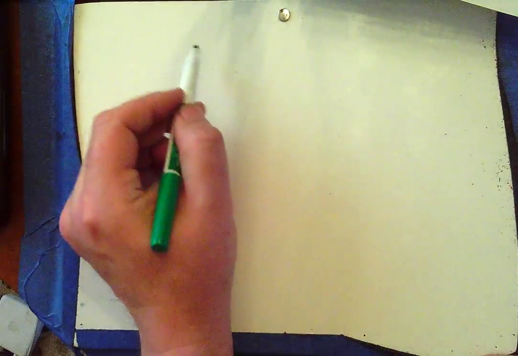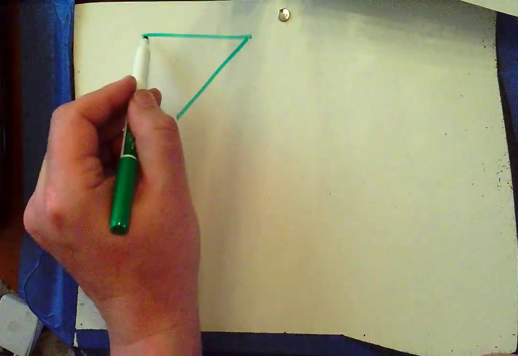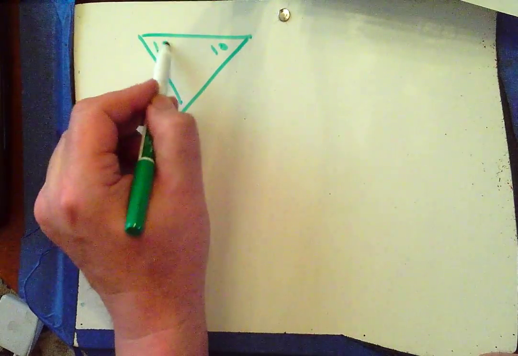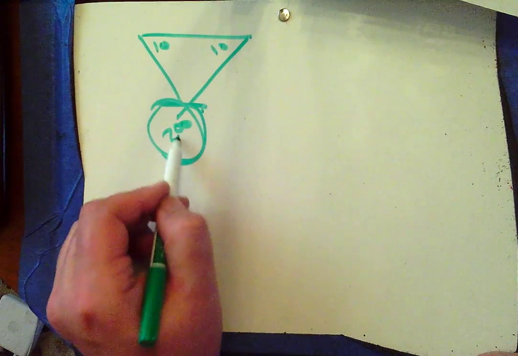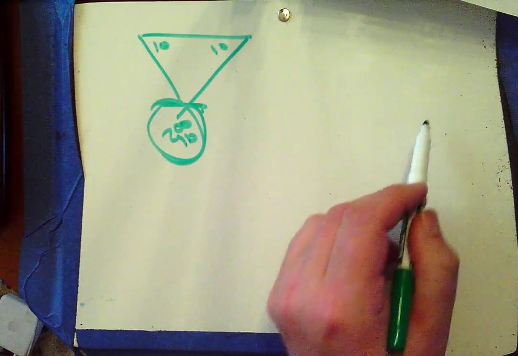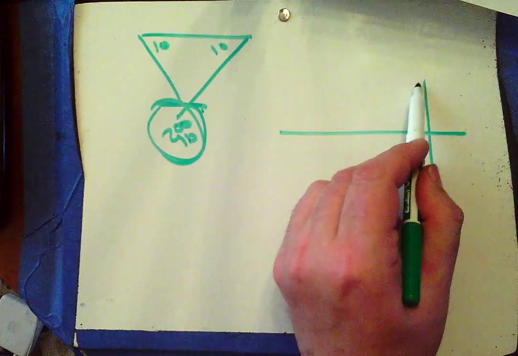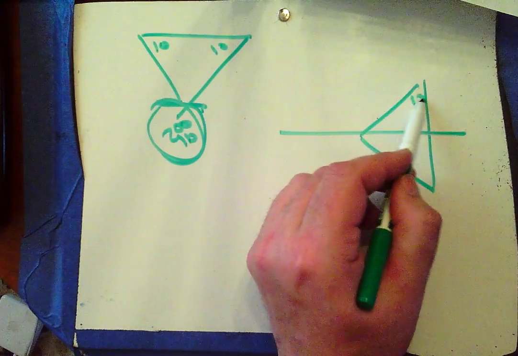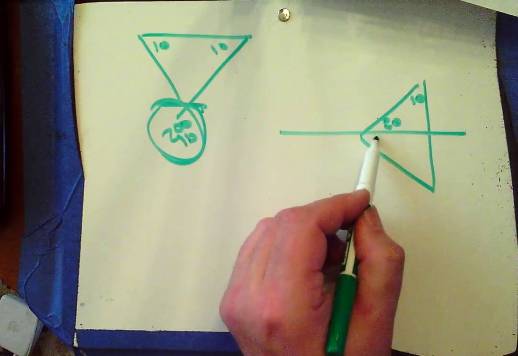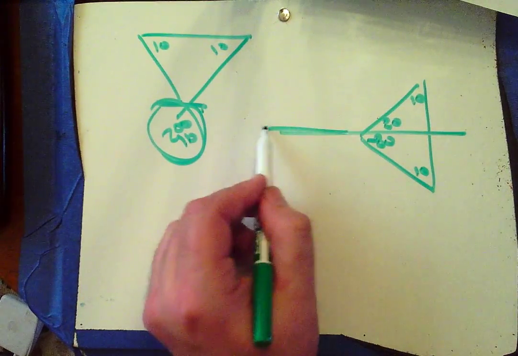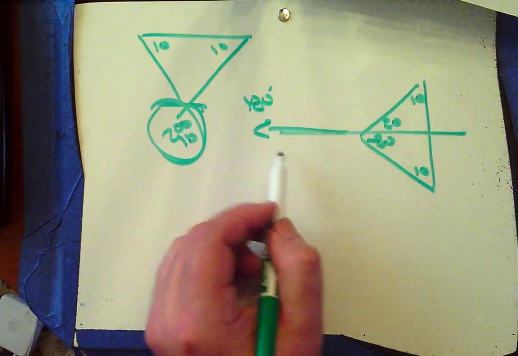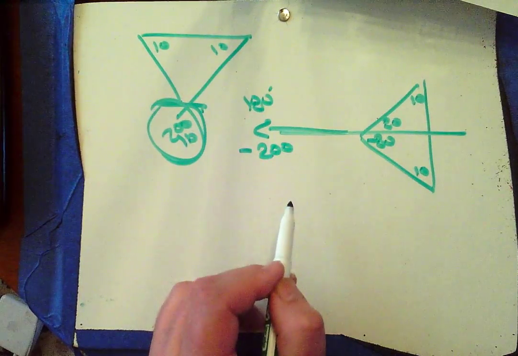What if we made those angles 10 degrees? So this is 10 and 10, and we still have a 200-pound climber here. Okay, so what's that going to look like when we redraw it? If this is 10, then this is 80 and negative 80. And this is still 180 for our negative 200.